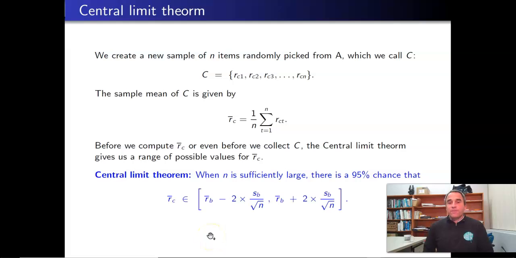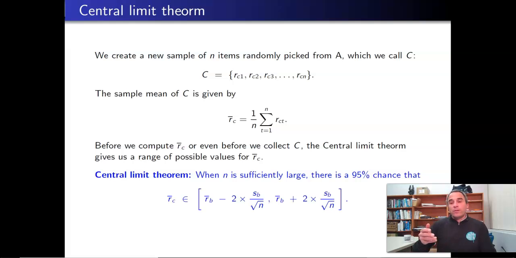When n is sufficiently large, there is a 95% chance that the sample mean we would compute with a new sample of the same size would be between the sample mean of B minus 2 times the standard error of B and the sample mean of B plus 2 times the standard error of B, that is, R minus 2 times SB over the square root of n, and R plus 2 times SB over the square root of n. These are the lower limit and the upper limit of an interval.